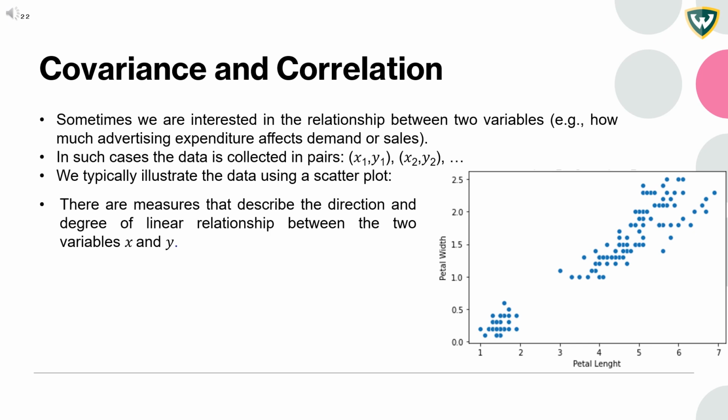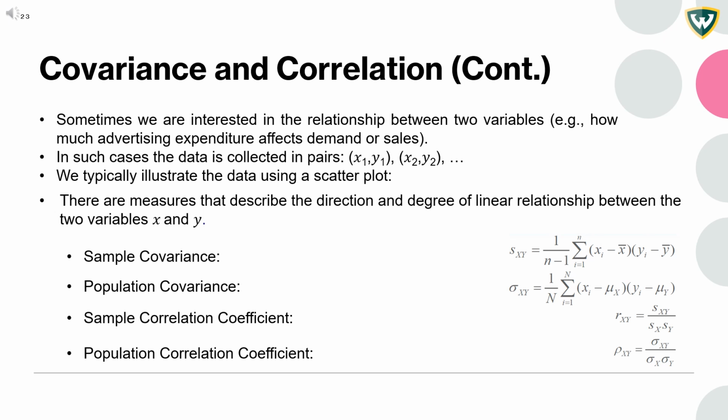However, to quantify the strength and direction of this relationship, we can use statistical measures. Correlation and covariance are both statistical measures that help us understand the relationship between two variables, but they differ in their definitions, interpretations, and applications. Covariance measures the extent to which two variables change together.